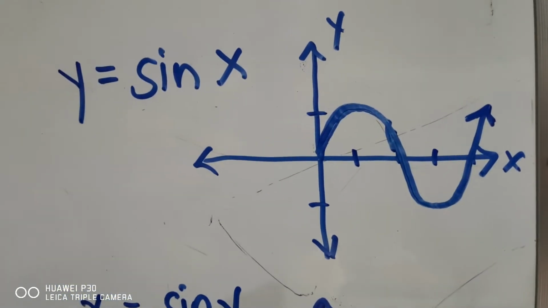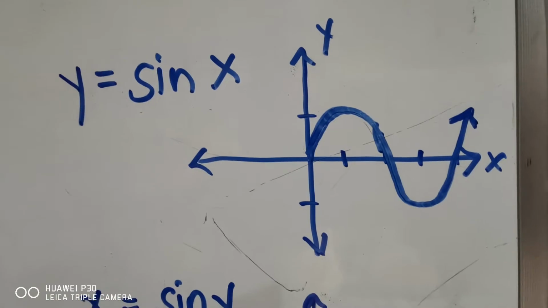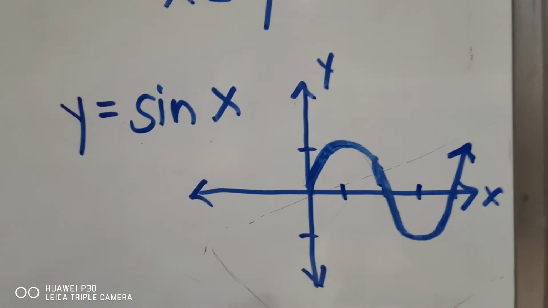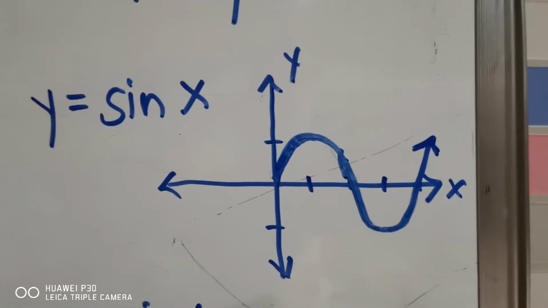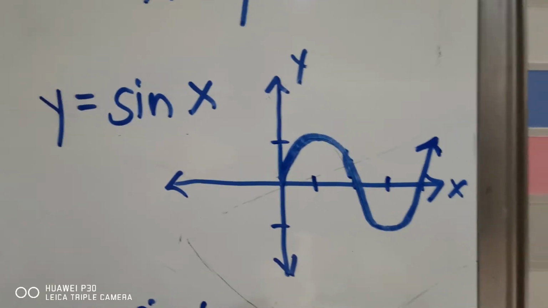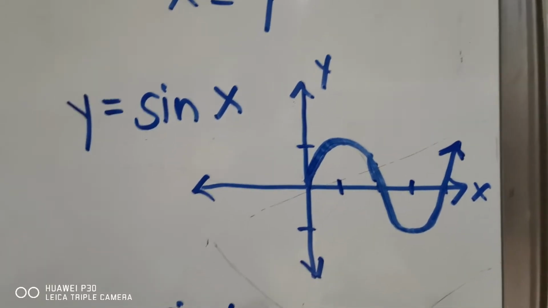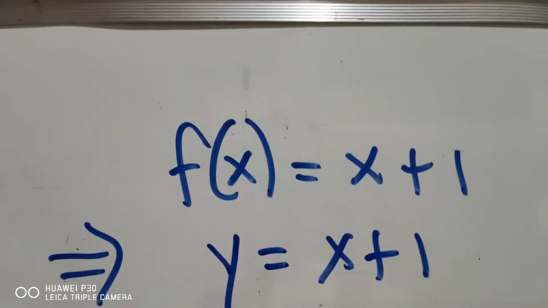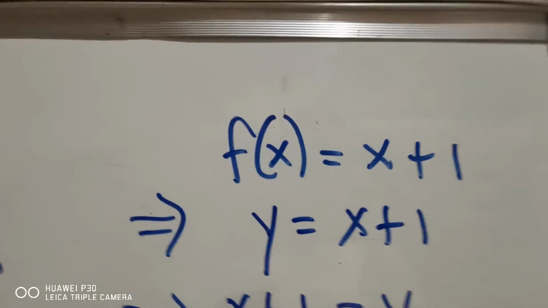This is the graph of the function y equals sine x. And you notice that if you imaginarily draw a vertical line there, you can see that it will only intersect the curve at one point. So it's a function.